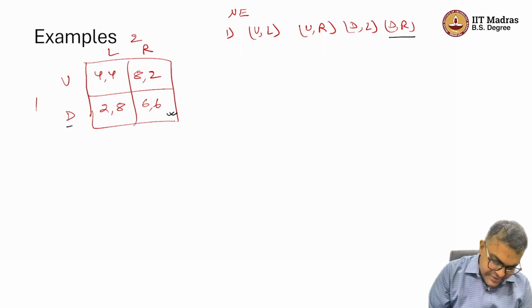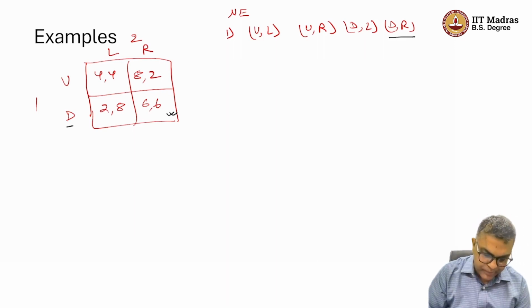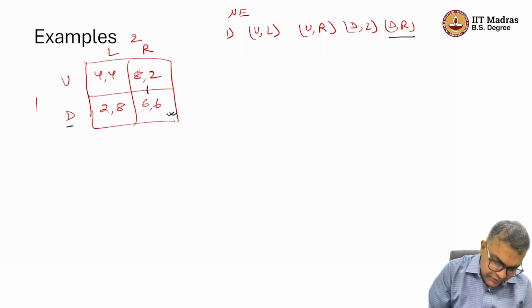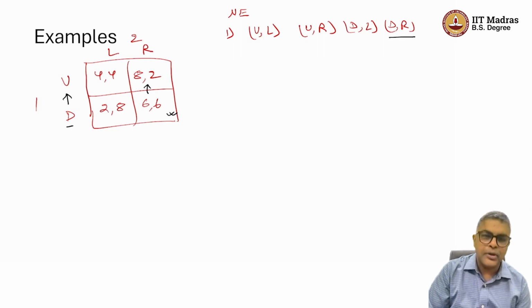Player 1 has decided to play D, player 2 has decided to play R. Player 1 has no control over what player 2 is doing. So player 1 will take R as given, and if player 1 deviates, player 1 will change the action from U to D. So you will change the row.